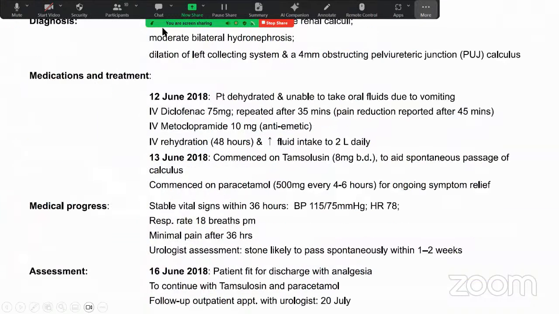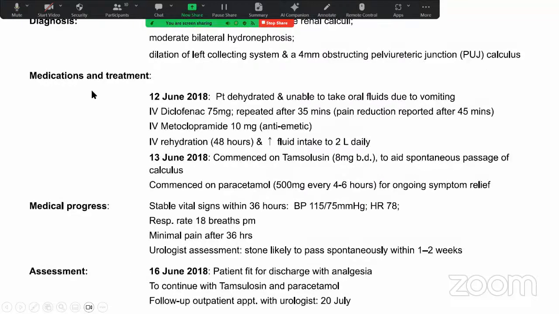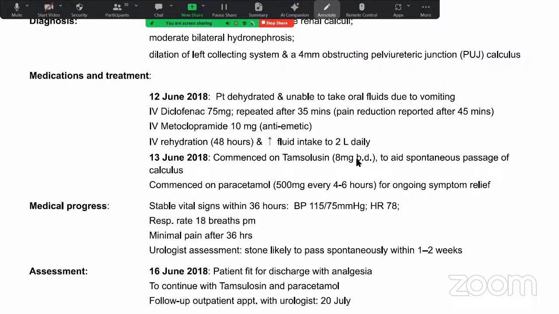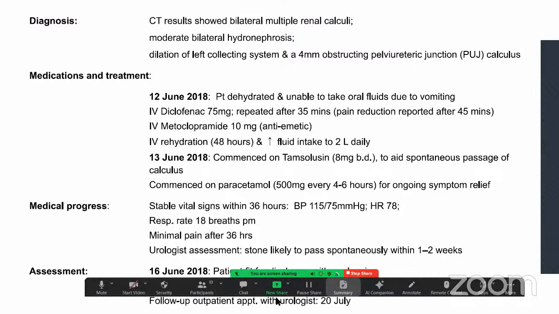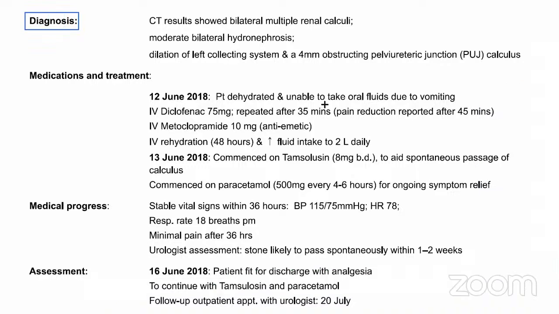Yeah, next, third page. So you can see 12th June medical history on admission and 12th June medications and treatment on the same date after admission. So diagnosis. Upon admission, what was diagnosed? CT scan was ordered and it revealed bilateral multiple renal calculi.